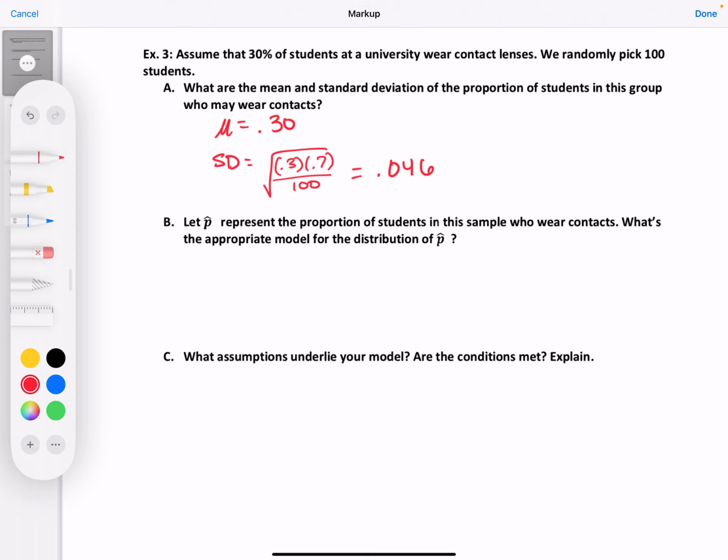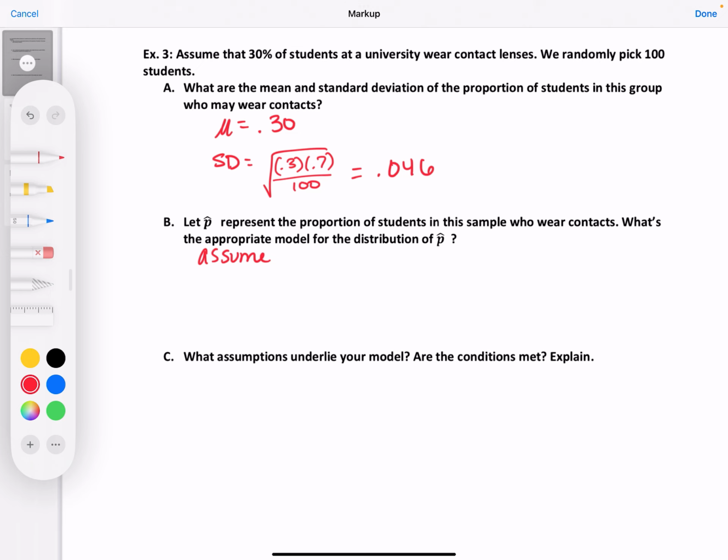So let P hat represent the proportion of students in this sample who wear contacts. What's the appropriate model for the distribution of P hat? So what do we need to assume first? N is large enough.